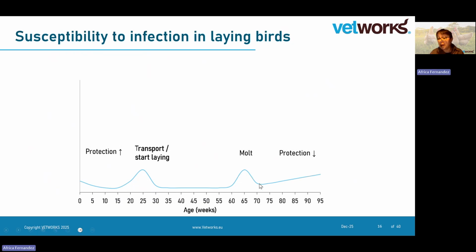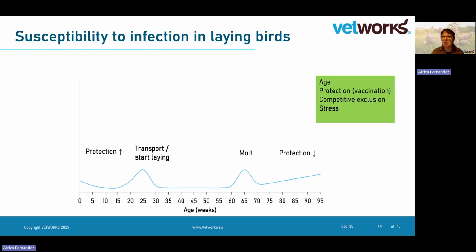And then with age, the immune system is less capable of fighting diseases and coping with the pathogens, so the susceptibility increases. Also, the duration of the protection from vaccination decreases, and this will increase the susceptibility of the birds.